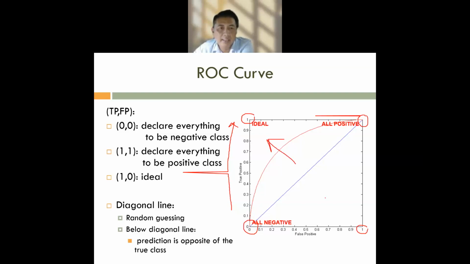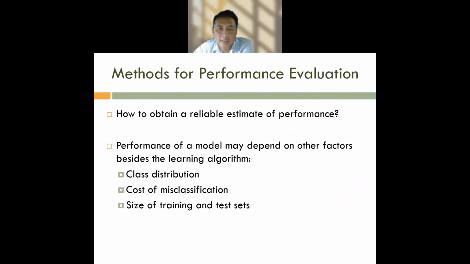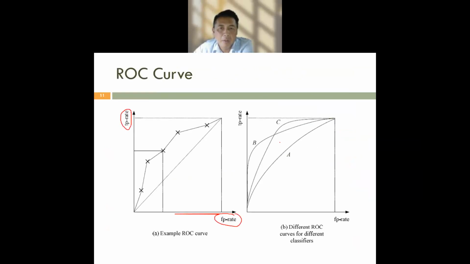We want to maximize this. The bigger the area you cover here, the better the algorithm is. So if you go back to this diagram here, which one is better? A, C, or B? Can you type which one?